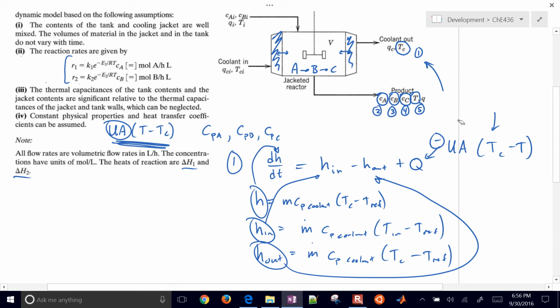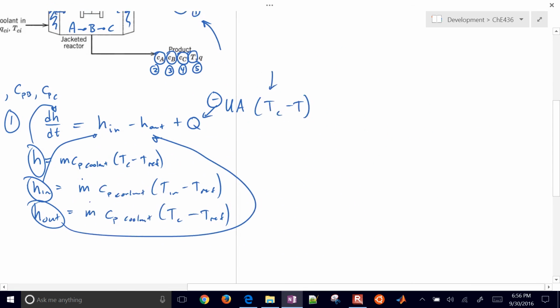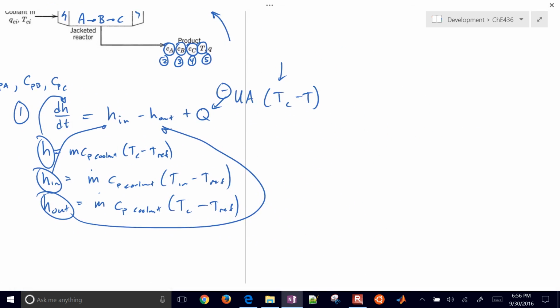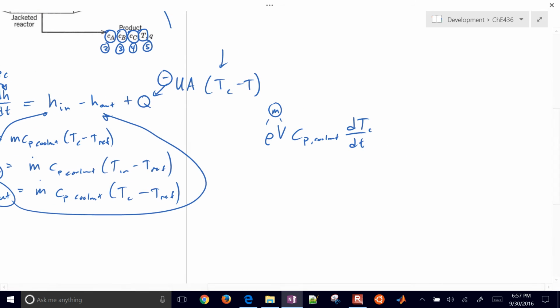Okay, so we have this first balance. Let me go ahead and just write this out then. So we have, let's see, maybe a density times the volume. That is the mass. And then we have a heat capacity of our coolant times dT, that's our coolant temperature.